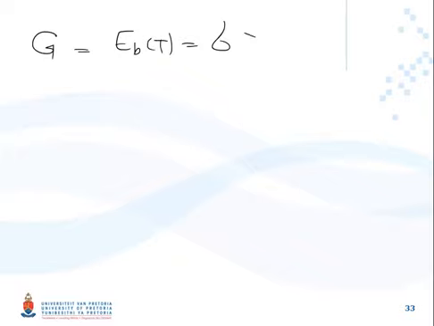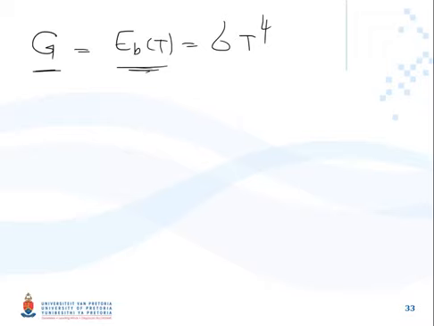emissive power, sigma T to the power of 4. Why is irradiation equal to the emission? Because of the characteristic of a black body. We said that a black body is a perfect emitter, and we said that a black body is a perfect absorber, which absorbs all the incident radiation.